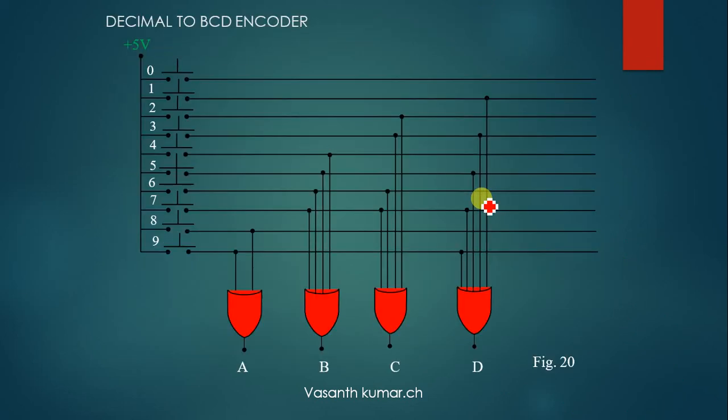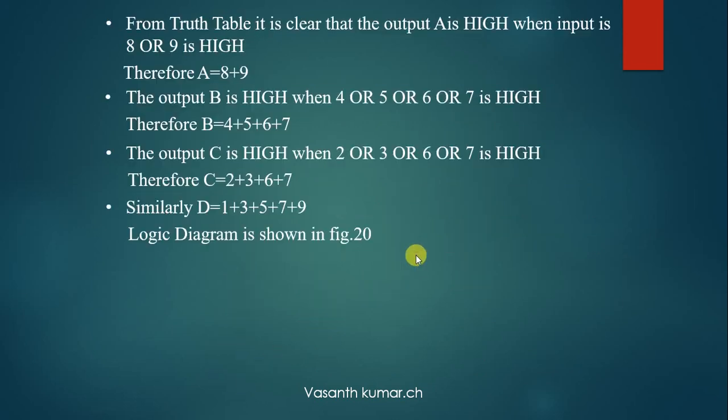So you have a combination logic here. If 0 is high, what are all the combinations you will get? Nothing, 0 combinations. If 1 is high, what are all the combinations you will get? Like that we have made an OR gate logic. Whenever 8 and 9 are high, A is high.